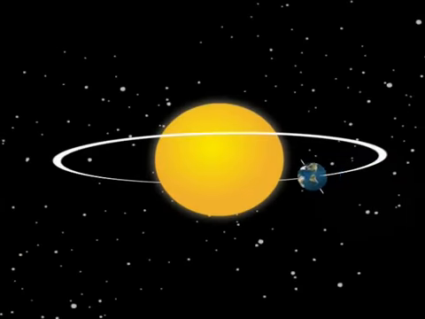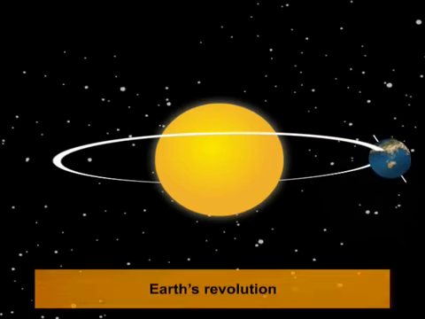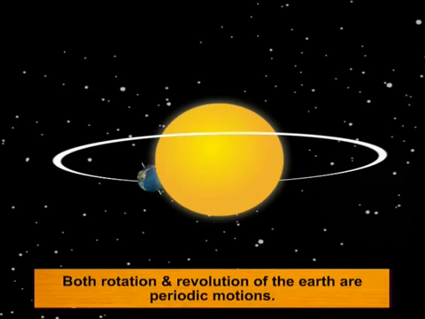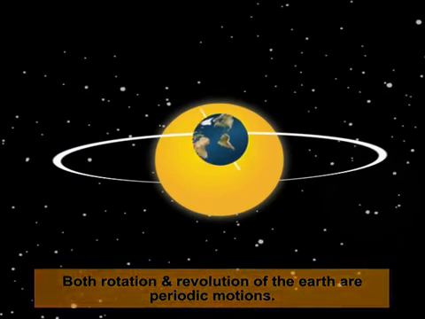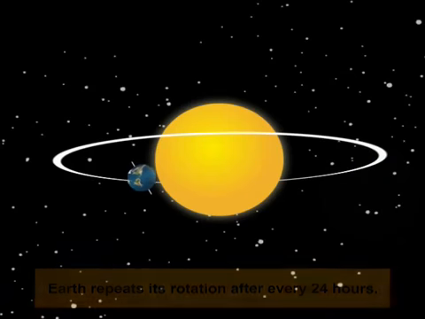Simultaneously, Earth also moves around the Sun while it rotates about its own axis. This motion is also known as Earth's revolution. Both rotation and revolution of Earth are periodic motions as well. Earth repeats its rotation after every 24 hours.